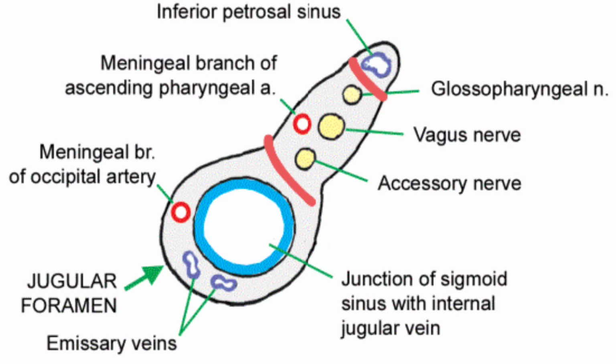In the middle compartment, the structures passing are the 9th, 10th and 11th cranial nerves and the meningeal branch of ascending pharyngeal artery, and one emissary vein occasionally. And in the posterior compartment, the main or important structure is the sigmoid sinus, which becomes the internal jugular vein when it comes out through the jugular foramen.